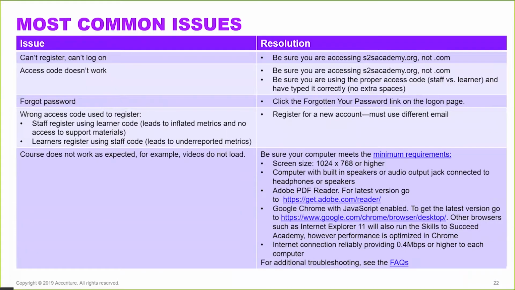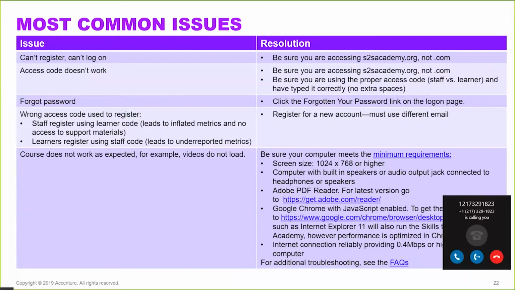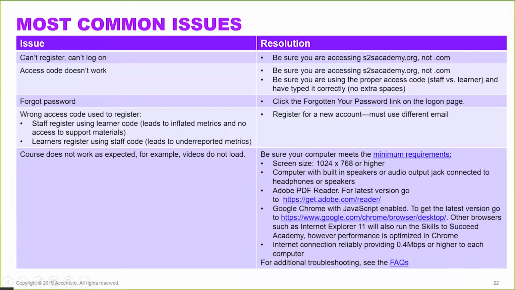But just to enable you to address the most common issues as they arise, first would be if somebody can't register or can't log on. You just need to be sure that you're accessing s2sacademy.org and not s2sacademy.com.